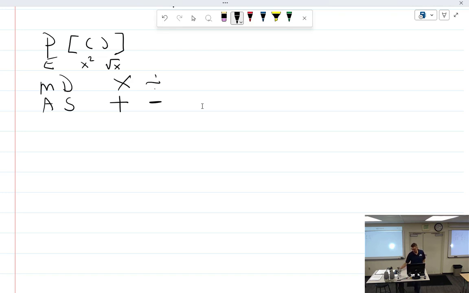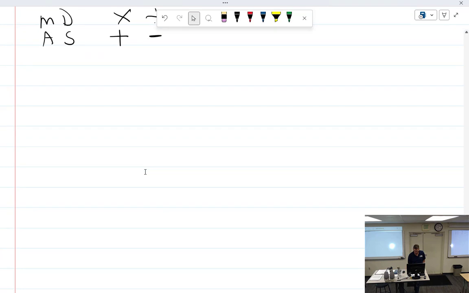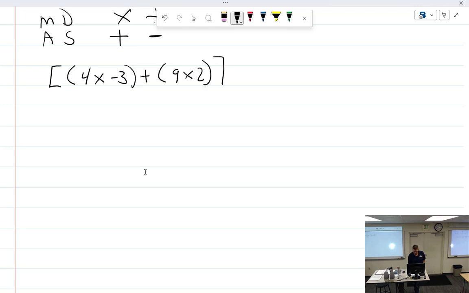So here is an equation that they have given us. Solve the equation: (4 times -3 plus 9 times 2) divided by 2. All right, what's the first thing we're going to do? We're going to work what is inside of the parentheses individually.